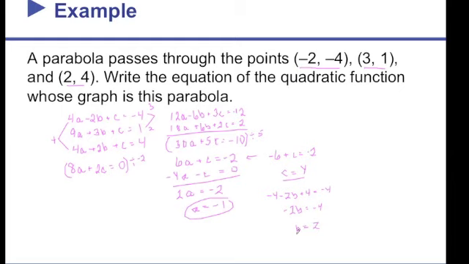And my equation can be y equals ax squared, so negative x squared, plus bx, so 2x, plus c, which is 4. This is an x. Doesn't show up very well.